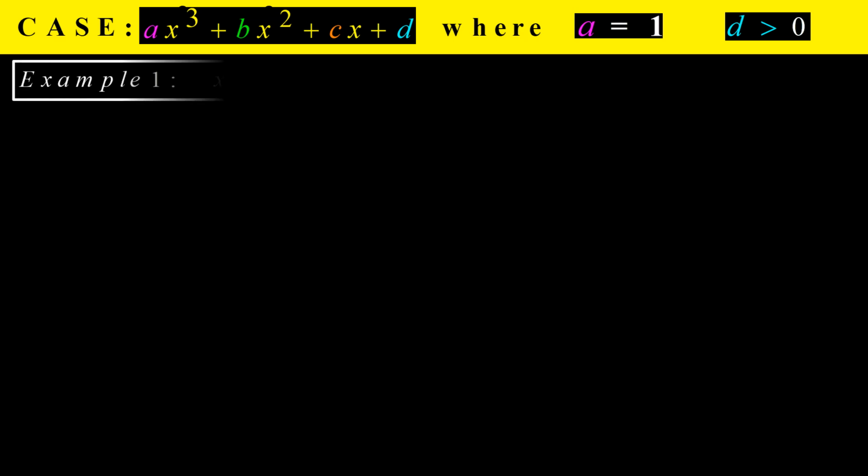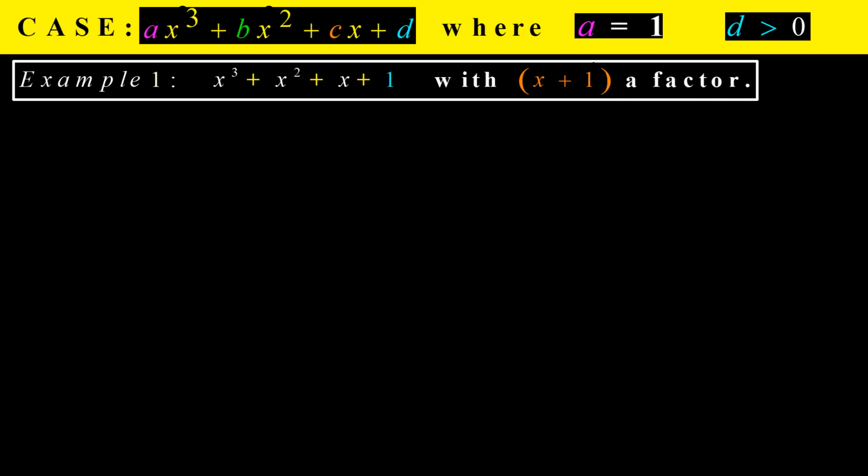So for the first example here, I'm taking a cubic expression, and in this cubic expression the constant value is positive. As you can see, my constant is a +1, and I'm also taking my coefficient of x cubed to be a 1. So in other words, I'm taking a 1x cubed.